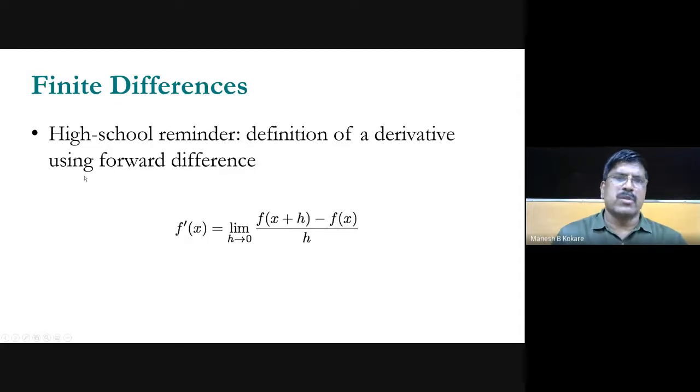You know the high school definition of the derivative using the straightforward difference, that is f dash x is equal to the limit as h tends to 0 of f of x plus h minus f of x, divided by h. Now here, in the case of a discrete image, we are taking the value of h as equal to 1, because consecutive pixels differ by one value.